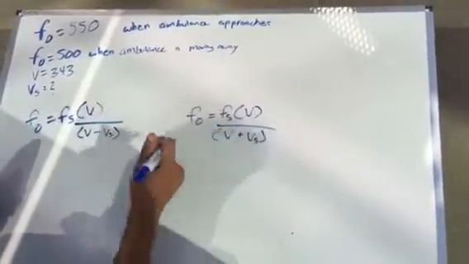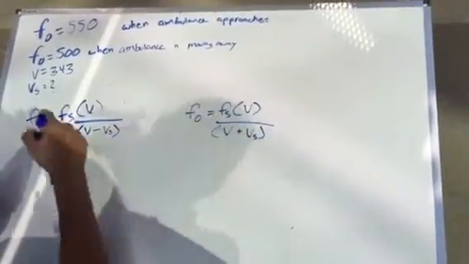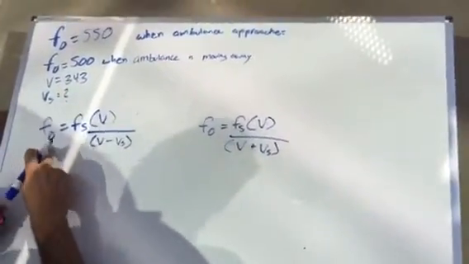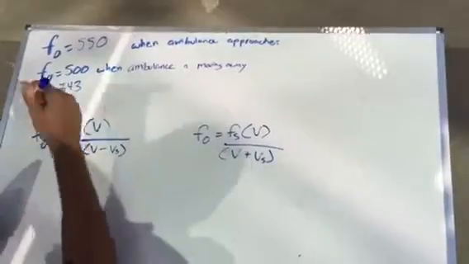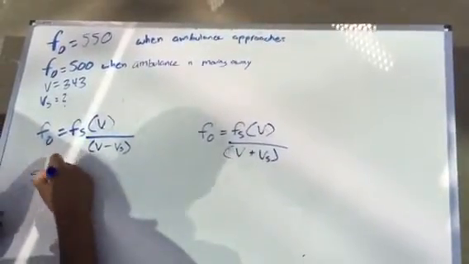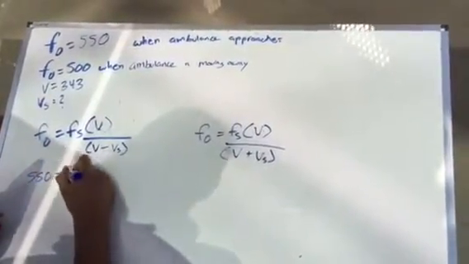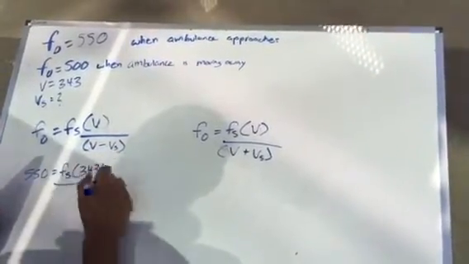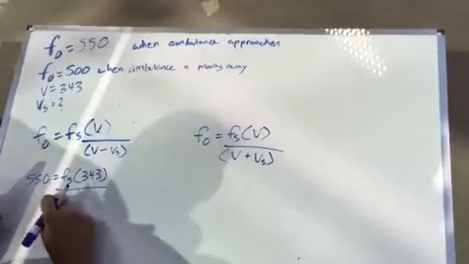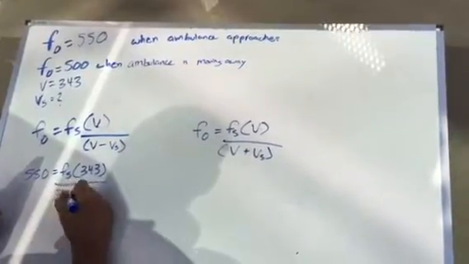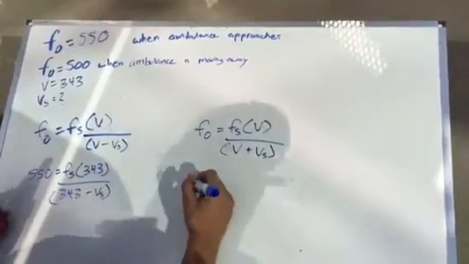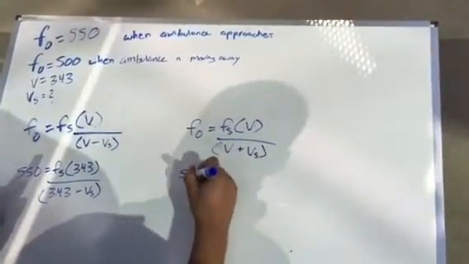So we're going to replace all the V's with 343 because that was given to us. And we also know the frequency observed for the first case was 550, so we're going to make a note of that. Source. And then do the same thing on the other side.